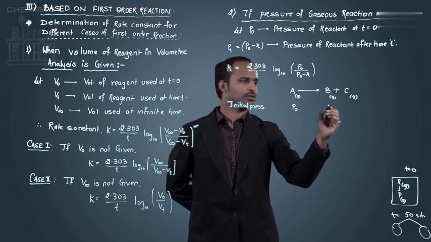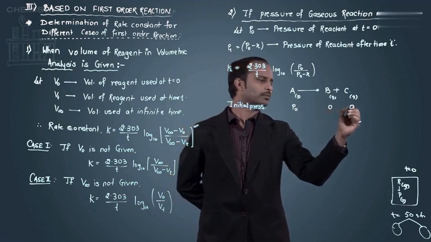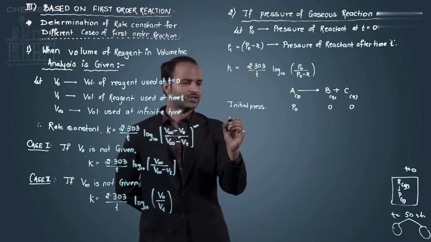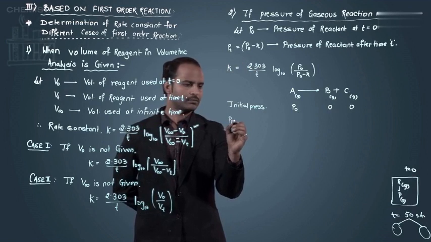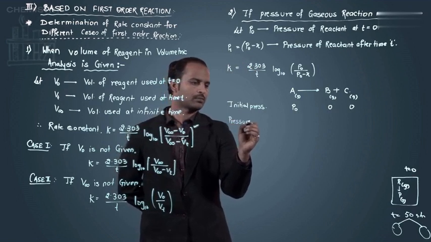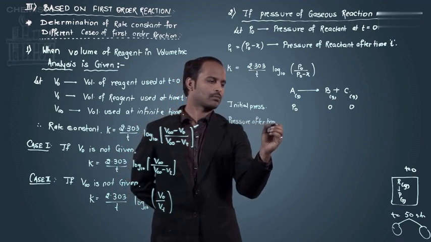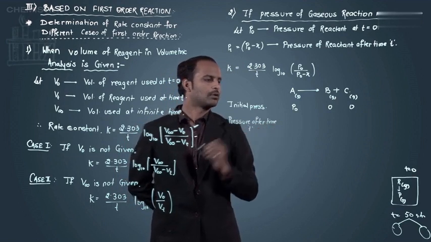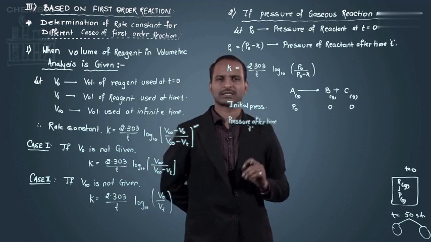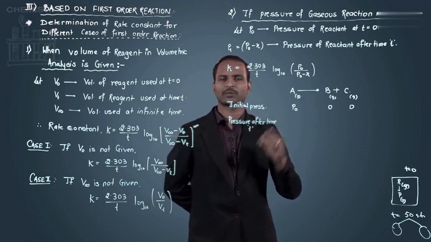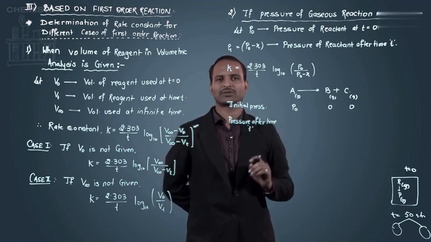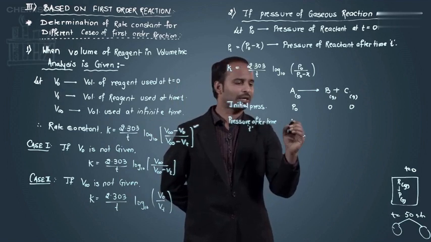There is no product, so these values are going to be 0. Then the pressure after time t: as I said, some of the reactant has been consumed, so the pressure of the reactant has decreased by X.